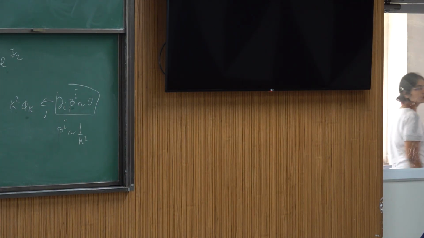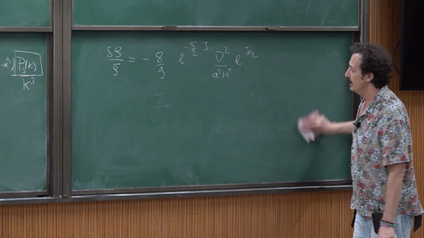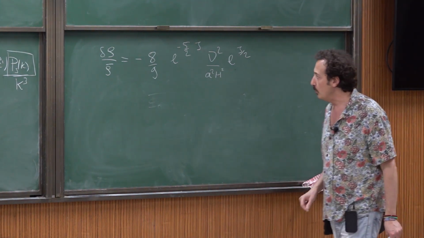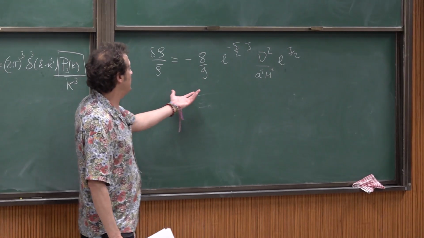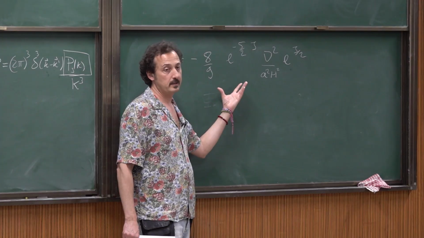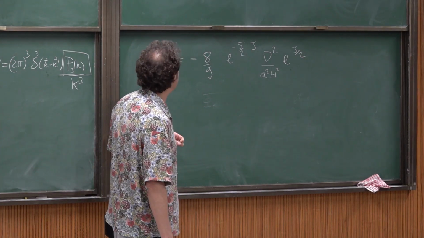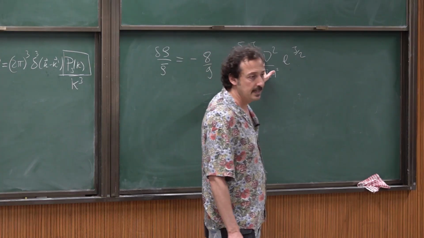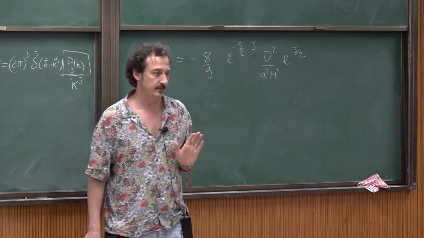Okay, so if we do that, then at super horizon scale, as we said, we have a kind of generalization of the Poisson equation, but completely nonlinear. As you can see, even if zeta is Gaussian, delta rho is far from being Gaussian.